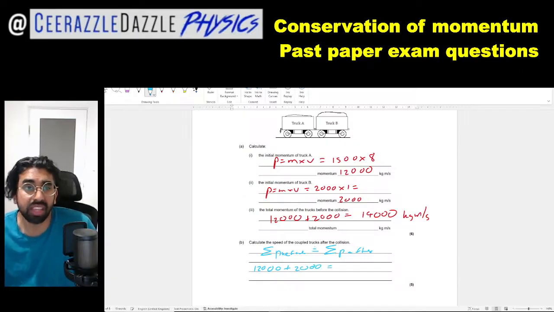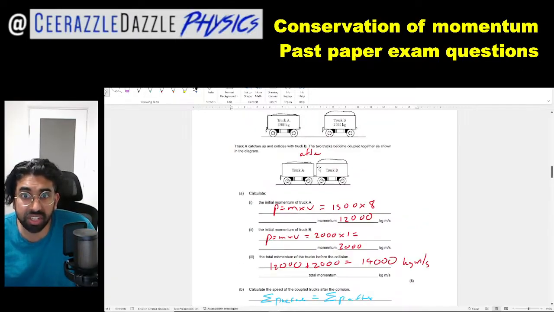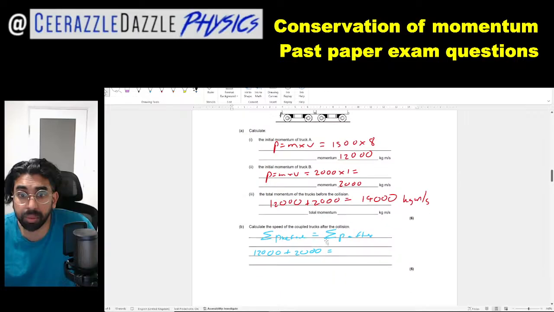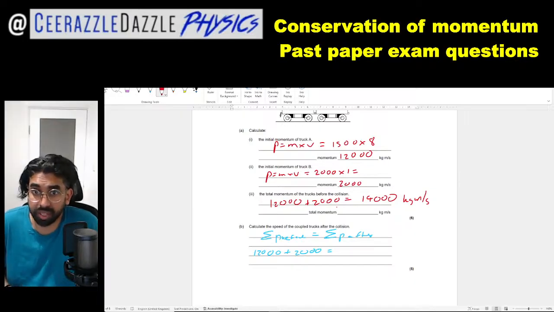But now don't forget they've collided and stuck together. So there's not 2 separate masses at the end, there's only 1 mass now because they're moving off together. They have a combined mass. So the final momentum is going to be the combined mass, 1500 plus 2000, which is 3500.